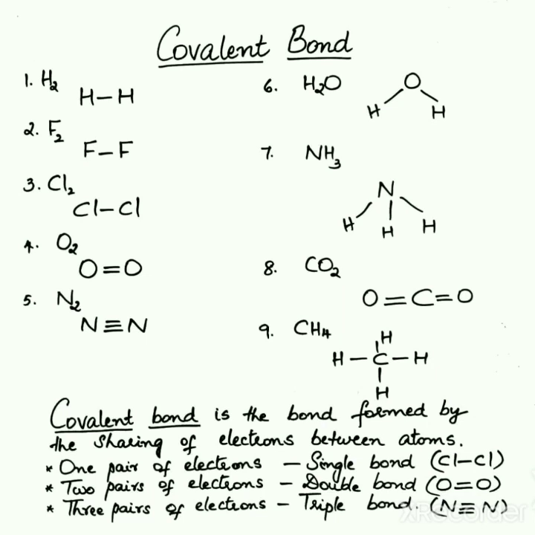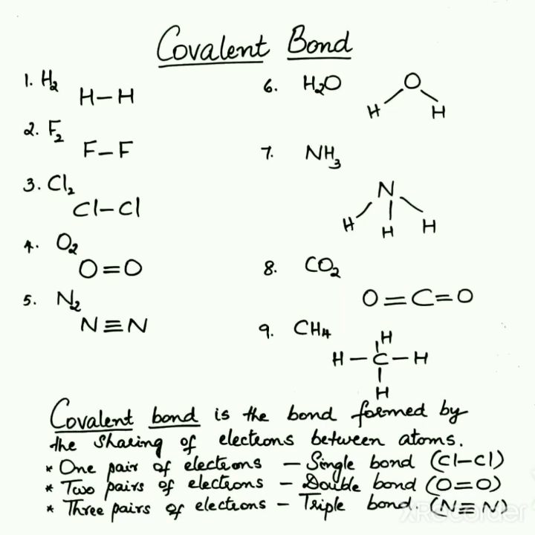Now consider carbon dioxide. Between carbon and oxygen, two pairs of electrons are shared. Therefore, a double covalent bond is formed between oxygen and carbon. Such two double bonds are present in carbon dioxide. Now consider methane CH4. A pair of electrons is shared between carbon and hydrogen. Therefore, a single covalent bond is formed between carbon and hydrogen. Such four single bonds are present in methane.